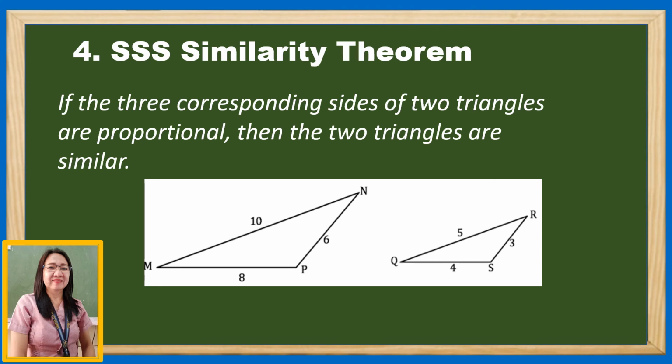So the ratio between them is 6 to 3, which is also simplified to 2 to 1. So if we have a similar scale factor of 2 to 1, the two triangles are similar, as indicated in our SSS Similarity Theorem. But let us have a further proving.